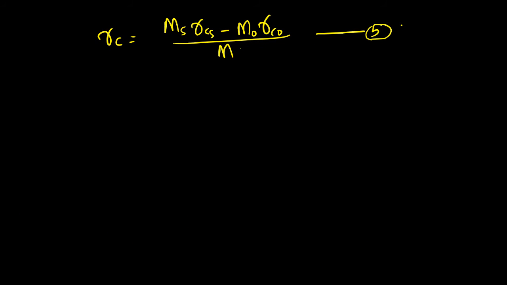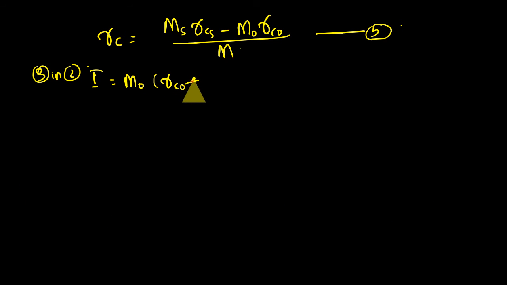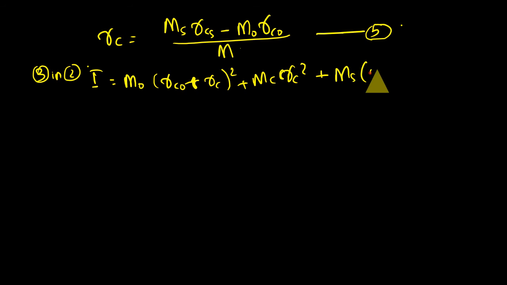So the moment of inertia I is equal to MO into RCO plus RC the whole square, plus MC RC square plus MS RS square, and RS is equal to RCS minus RC, right? So let me write RCS minus RC the whole square.